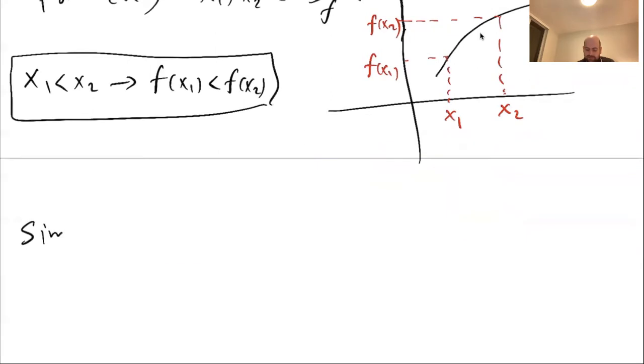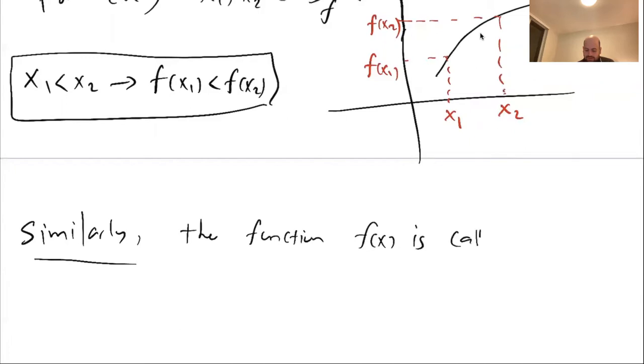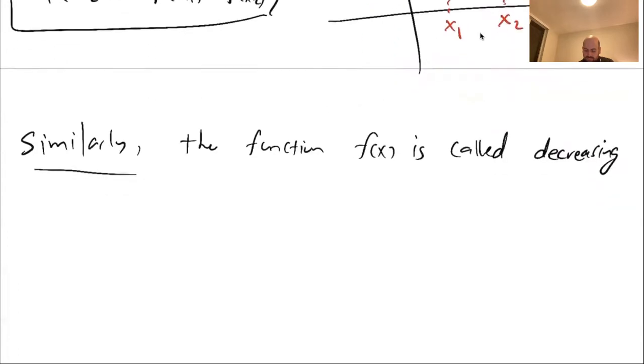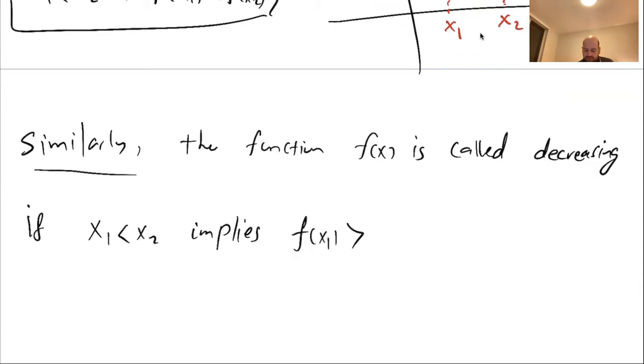Similarly, the function f of x is called decreasing if x1 less than x2 implies f of x1 is bigger than f of x2 for every x1 and x2 in the domain of f.